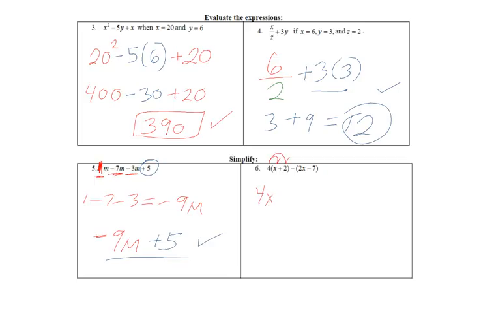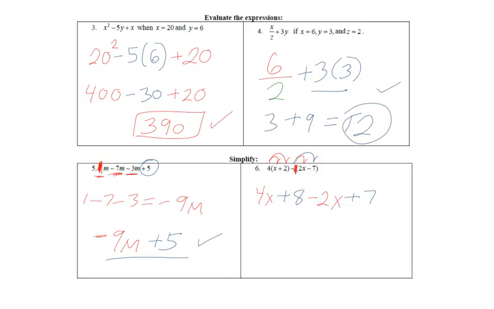And 4 times 2 is 8. Next, you notice a negative sign, but no number. Well, there is a number. It's really 1. So negative 1 times 2x is negative 2x. And negative 1 times negative 7 is positive 7.